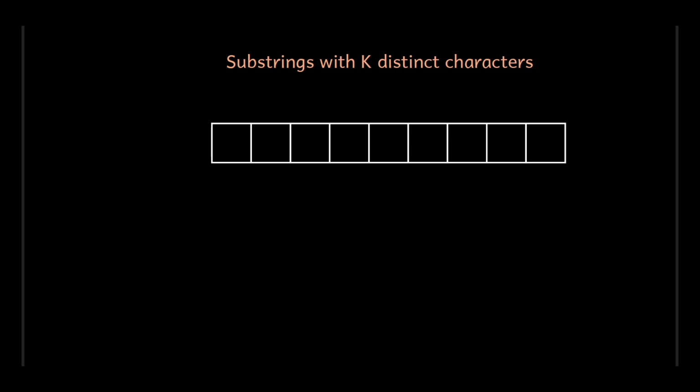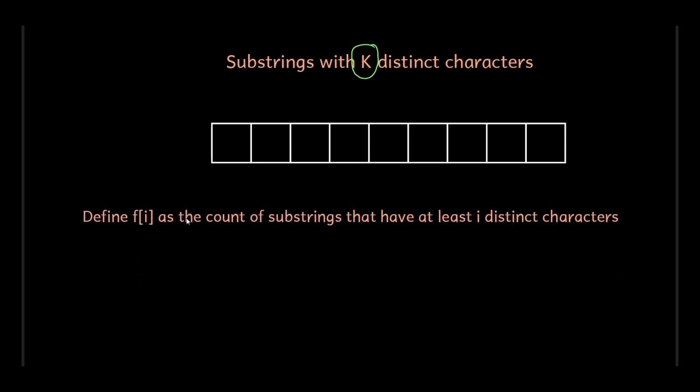So let's solve a weaker version of this problem where we say, okay, I don't want exactly k distinct characters. Can I simplify this and ask a weaker version: given a particular value I, tell me how many subarrays there are such that they contain at least I distinct characters.